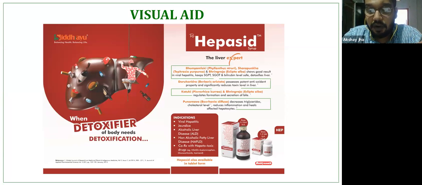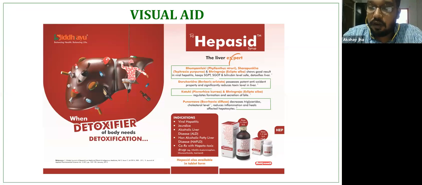So whenever you go into a doctor's room: good morning, ma'am. I am from Siddhayu Healthcare Private Limited, which is a group company of Baidyanath. Today I'm here to present a product called Hepacid. Sir, you know that the liver is the detoxifier of our body, but because of our food habits and what we consume, it also requires a certain level of detoxification.